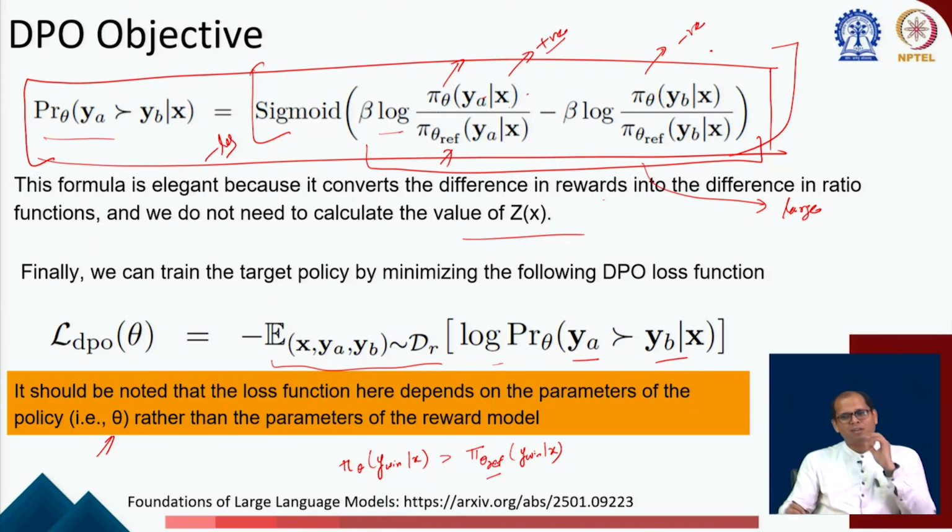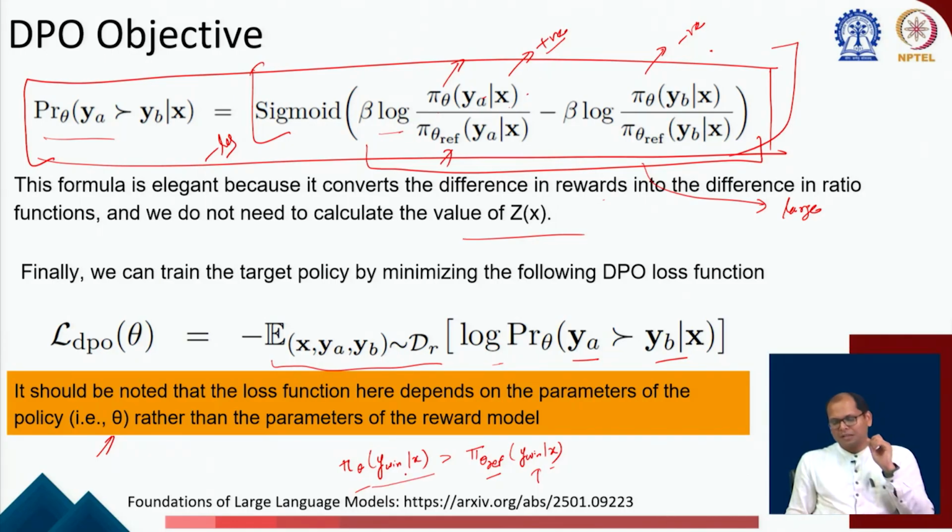Say theta ref is our base model, right, and you have a winning sample given a prompt. So, given a prompt, the ref model will give some probability to the winning completion anyway, right. What you are saying is, my theta model, the policy model, should give it an even higher probability than what the base model was giving. That makes sense. So, this is my user preference. I want to go towards that, towards the winning sample. So, I should start giving it a higher probability than the base model was giving, and that is a very interesting idea. Okay. So, I want to do that.